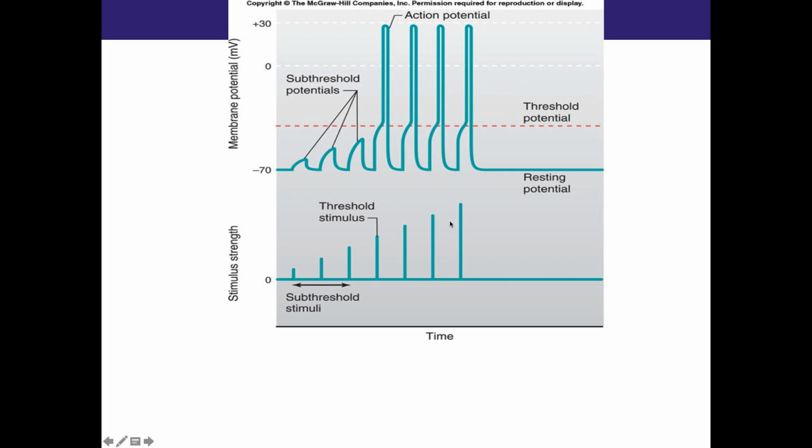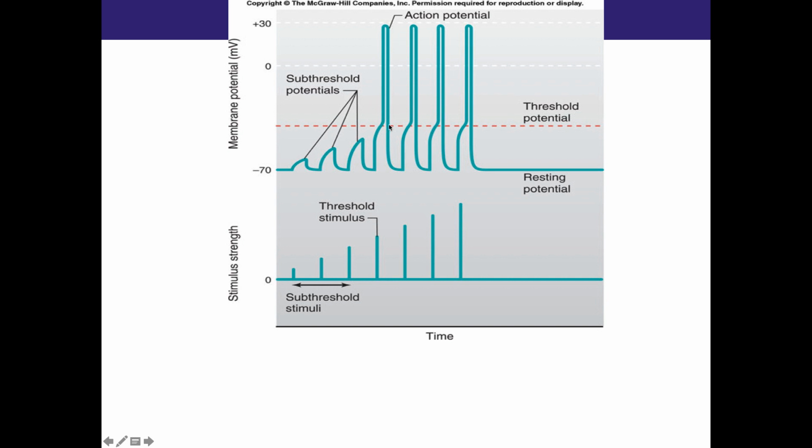So you can see that the initiating stimulus could be minus 55, but it could be so strong it depolarizes to minus 20. It doesn't matter. All you need to do is reach minus 55. That's it. So the strength of the stimulus is independent of the response.